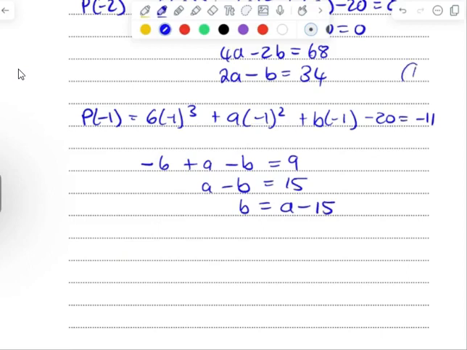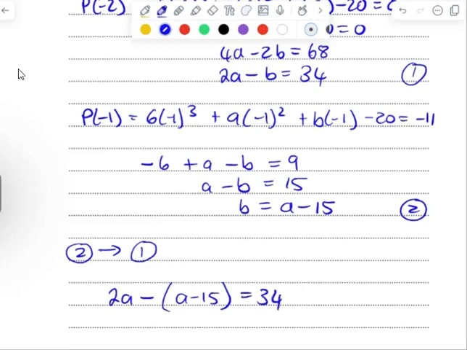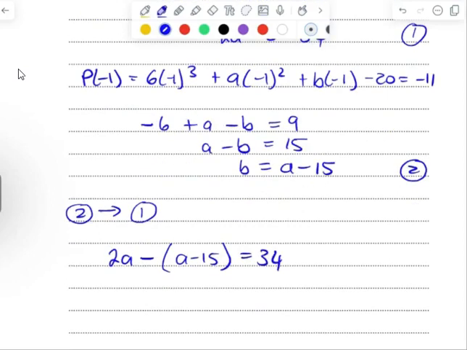Okay, so we'll call this our first equation and that our second one. And what I'm going to do now is I'm going to plug 2 into 1. Okay, so we've got 2a minus, and then instead of saying b, I'm going to plug in what b is equal to. And so here we've got 2a minus a plus 15.